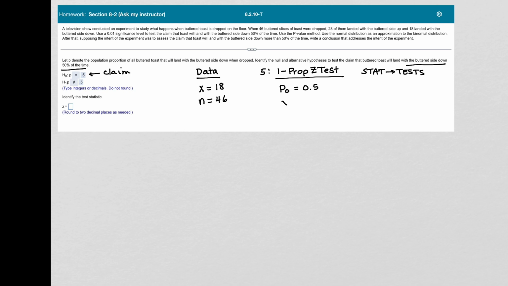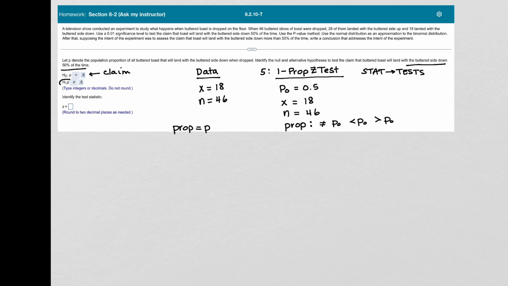Then we put in our data. So we have 18 successes out of 46 tries. Now we're going to put in the alternative hypothesis. So this says prop, and then we choose not equal to p naught, or less than p naught, or greater than p naught. So what we want to realize here is that prop is your variable p.